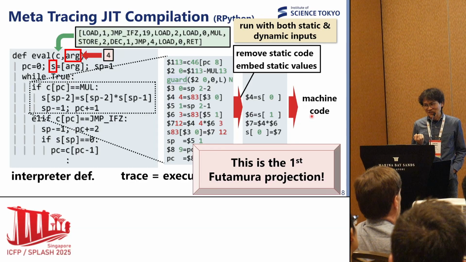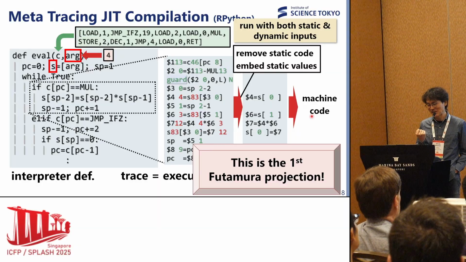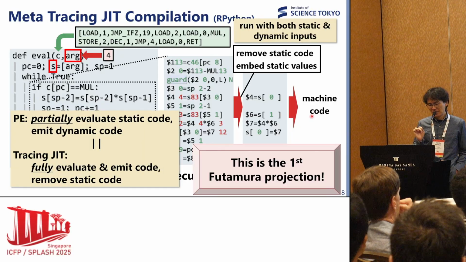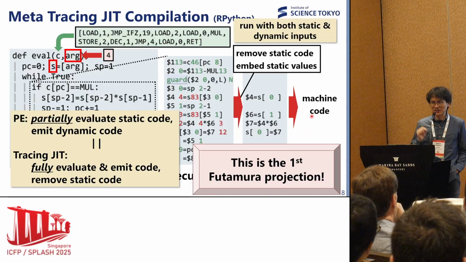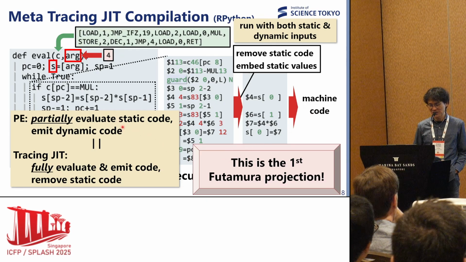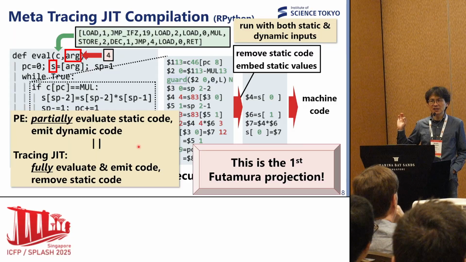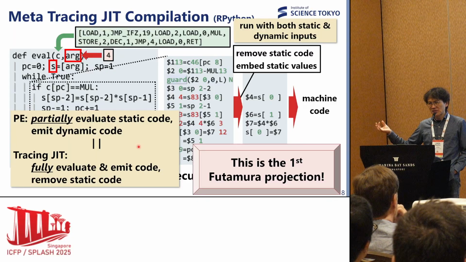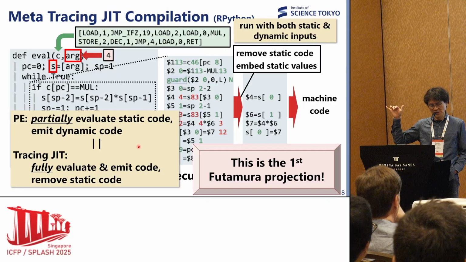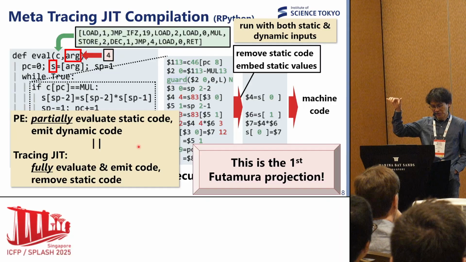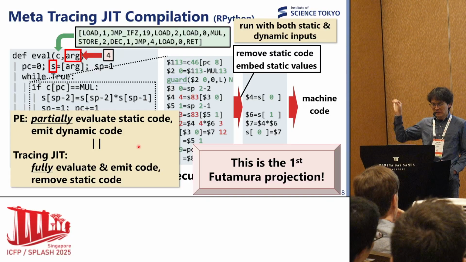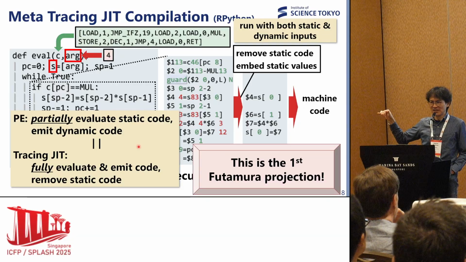By explaining this, I can now clearly say that this is the first Futamura projection. The relationship or difference between the original Futamura projection or partial evaluation and this tracing JIT can be explained this way. Partial evaluation partially evaluates static code and emits dynamic code, so it only executes static code. Whereas the tracing JIT fully executes the program and also fully emits the code.